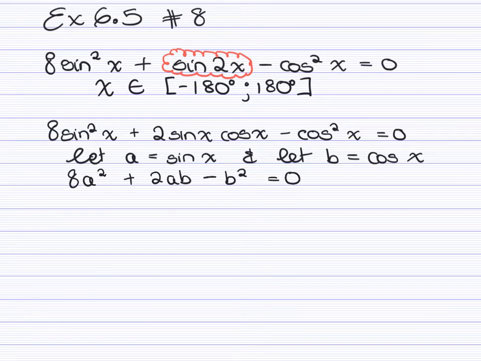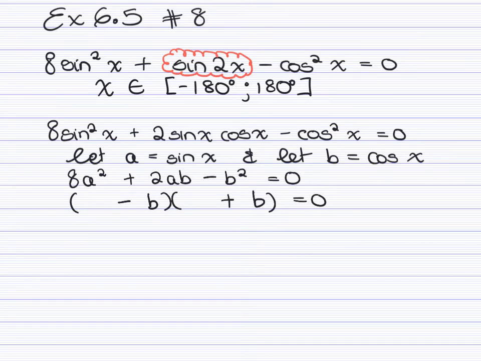So immediately we can call on our skills from grade 9 and 10, and we can factorize this trinomial into two brackets. So start off with your b squared. We know that the factors of the b squared will just be b and b. It's a negative b squared, so we know that one will be negative, the other one will be positive.